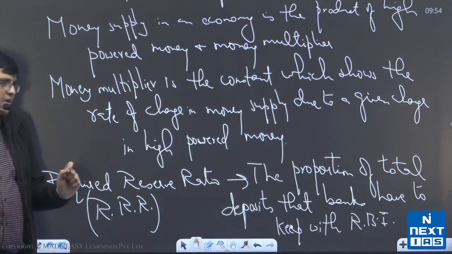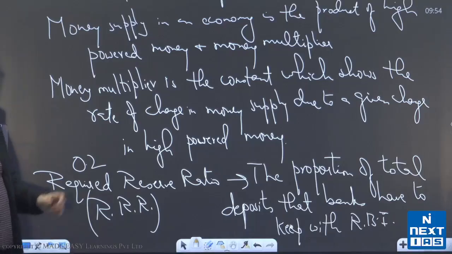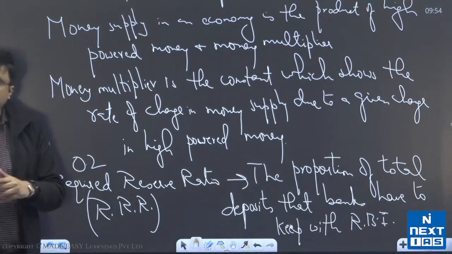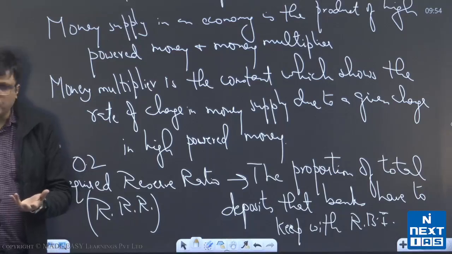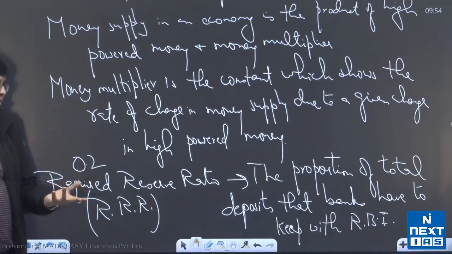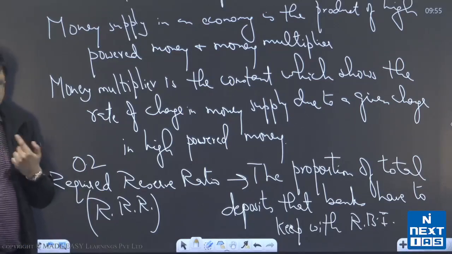For example, if the required reserve ratio is 0.2, then it will mean that if a bank gets 100 rupees deposit, then mandatorily they will have to keep 20 rupees with RBI. Now I am teaching you how RBI creates money supply.